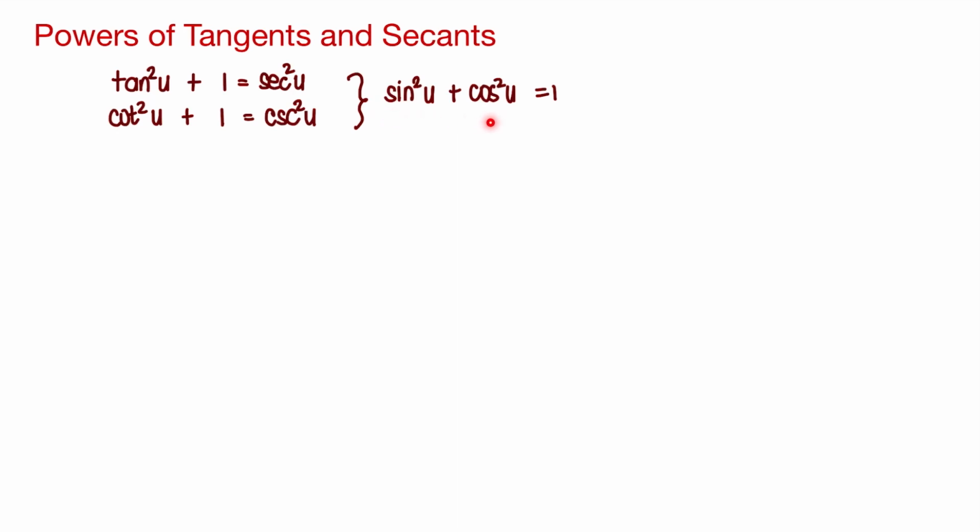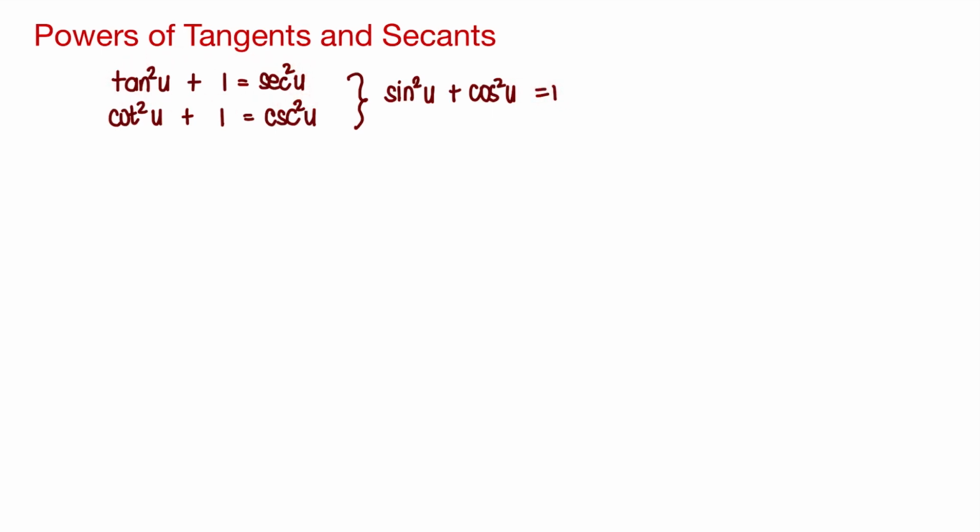If you divide the entire equation by sine squared u, we will be able to get this identity. And if we divide the entire thing by cosine squared u, then we'll be able to get the first identity here.